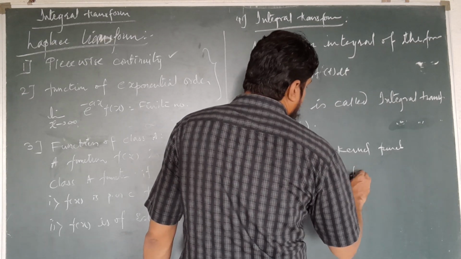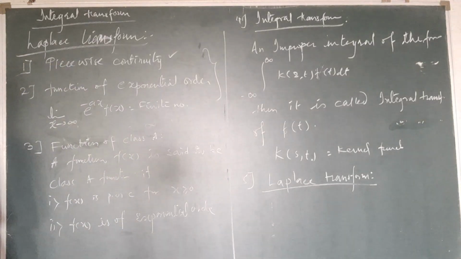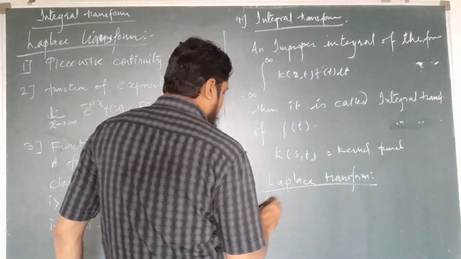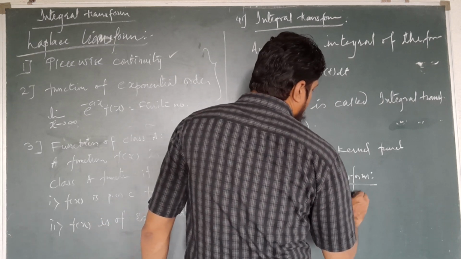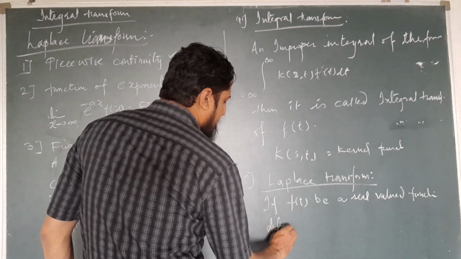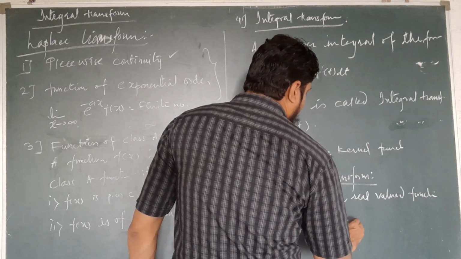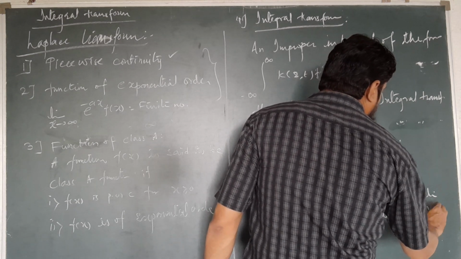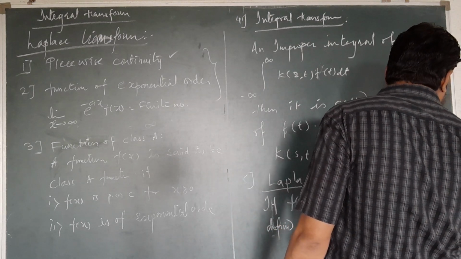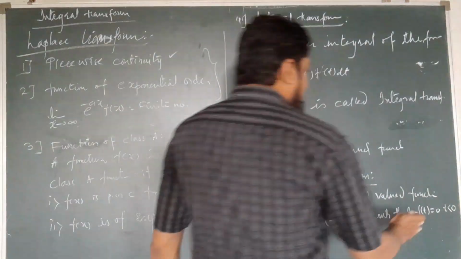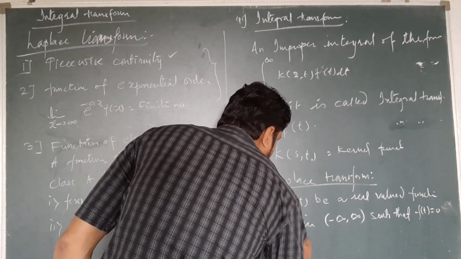It is defined as follows: let f of t be a real valued function defined on the interval minus infinity to infinity such that f of t is equal to 0 for all t less than 0.